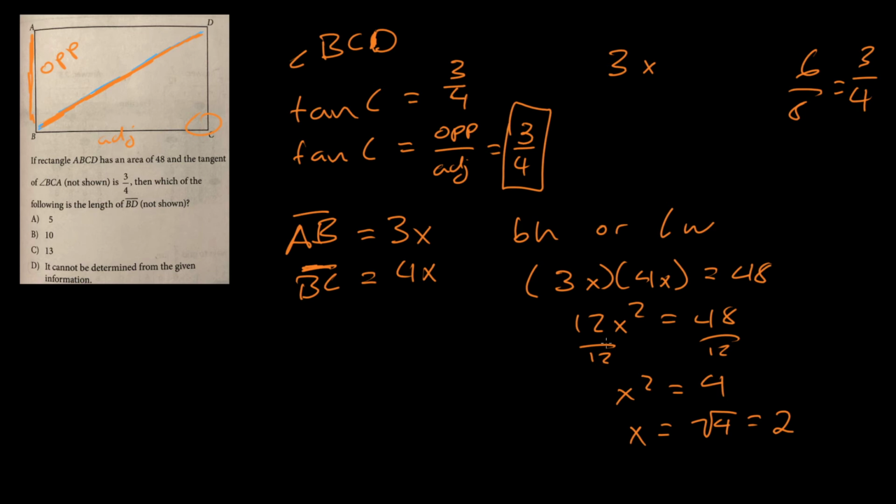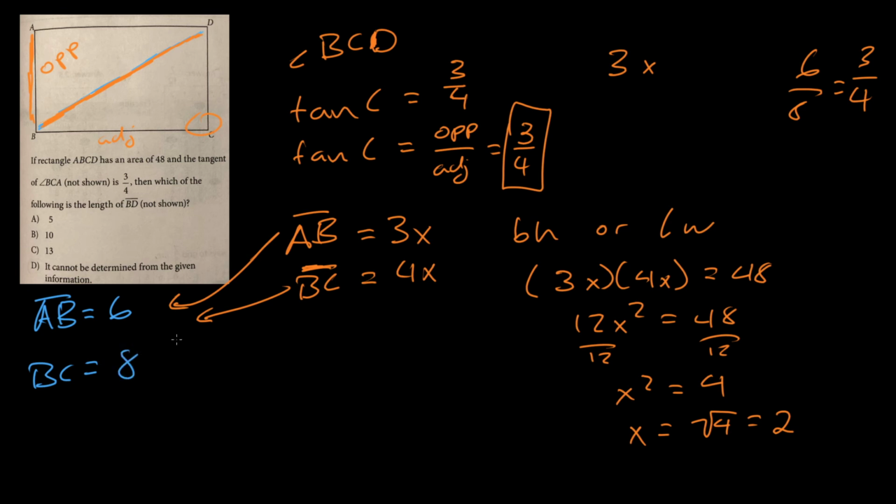And so now that we have a value for x, we can plug in 2 to every x we see. So AB, we're going to bring that down over here. I'm going to write in blue. AB is going to equal 3 times 2, which is 6, and BC is going to equal 4 times 2, which is 8.